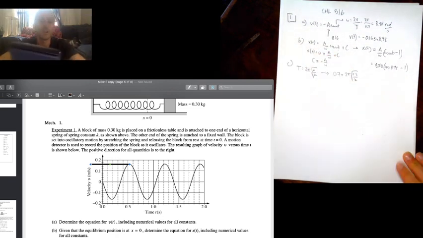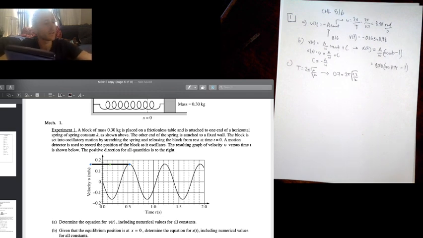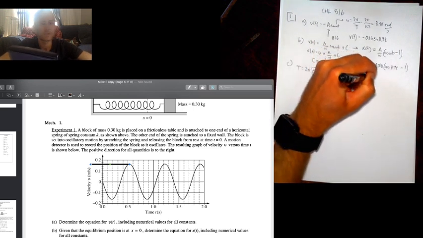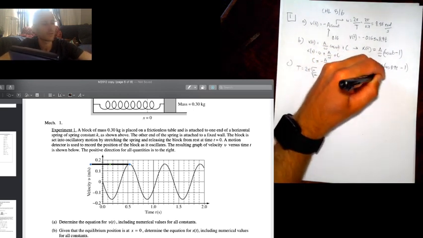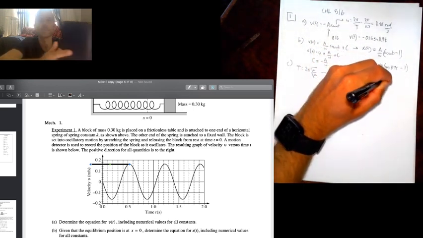So we can solve that for the stiffness, which I will do on my calculator. And we get that k is equal to roughly 24 newtons per meter.